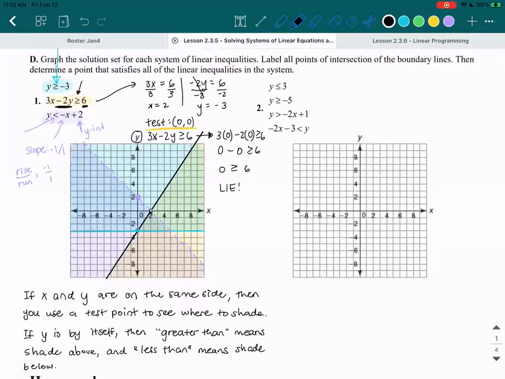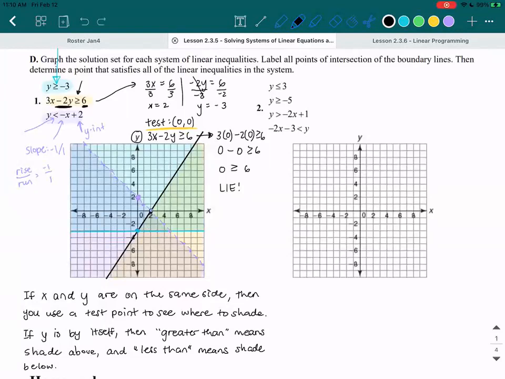Okay, so in our blue equation, it said y is greater than. That means you shade above. In our purple equation, it said y is less than, so we shaded below. Okay, so hopefully you can pause the video so you can write this down on your own time. Hopefully you got it down, and let's continue to follow the instructions.